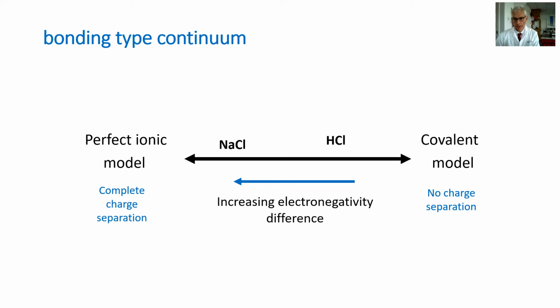Potassium fluoride. But for most compounds, the electronegativity difference will tend to produce some intermediate type of bonding. So for hydrogen chloride, it's covalent, but polarized covalent. For sodium chloride, it's ionic, but with some covalent character.